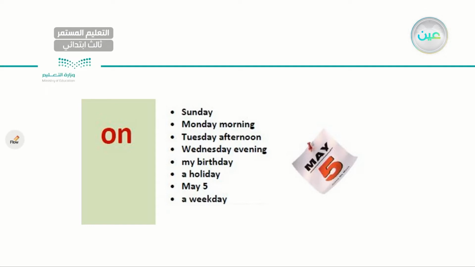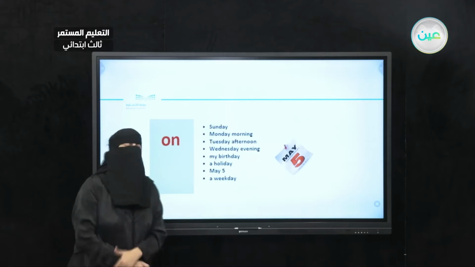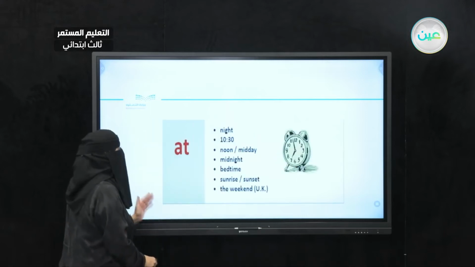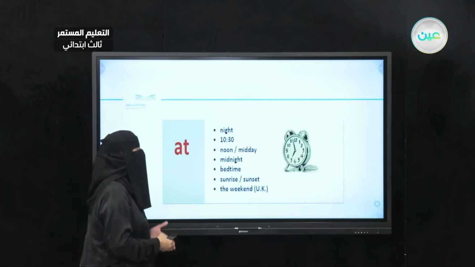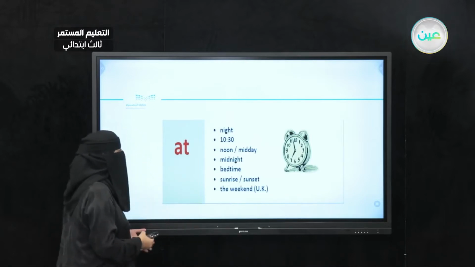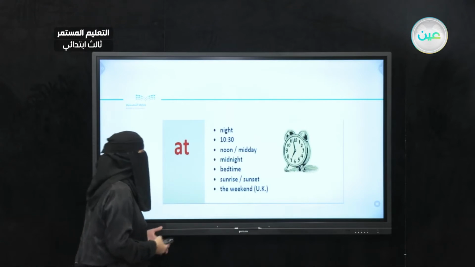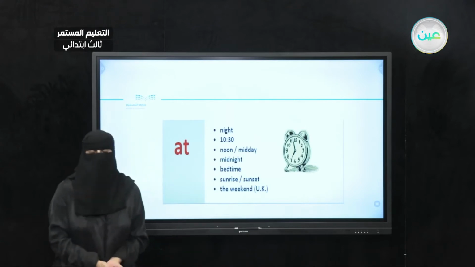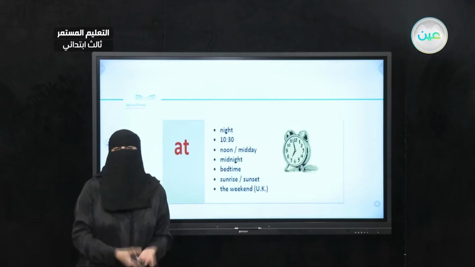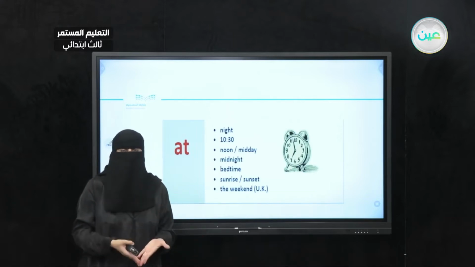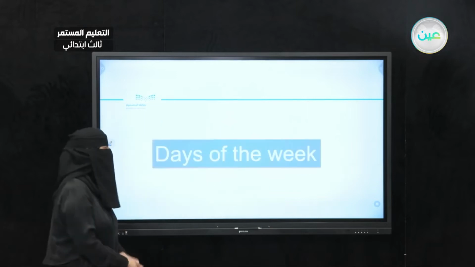So they are used with days and dates. While at, we will use with time. For example, night, 10:30, noon, midday, midnight, bedtime, weekend, and so on. So these were the prepositions of time that we are going to use again since we are talking about days.